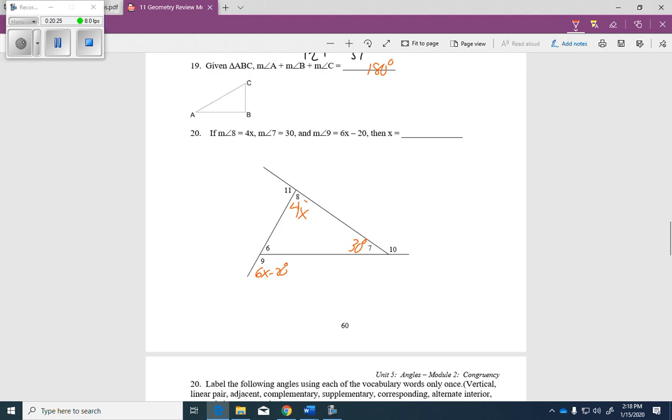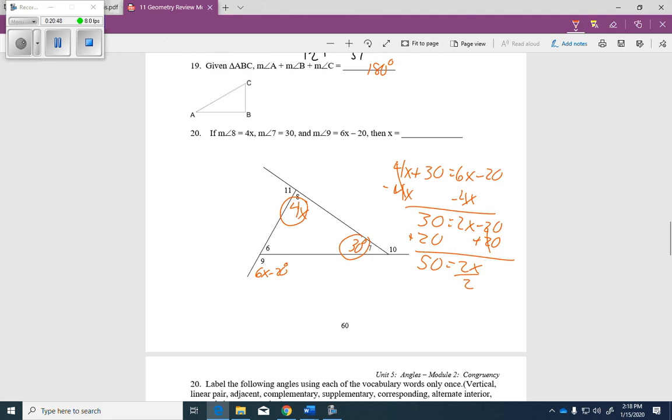I could do the two interior angles add up to be the exterior, and then solve this equation. So x is 25, and that's all they wanted to know.